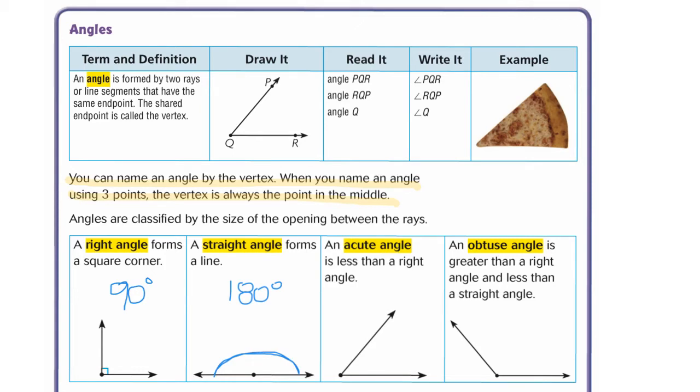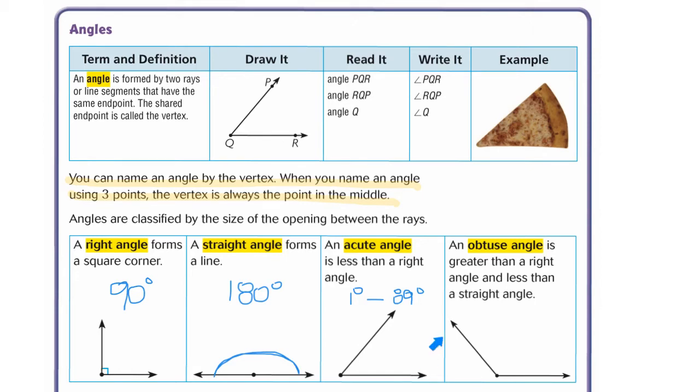This one would measure anywhere from 1 degree all the way through to 89 degrees. So it could be a 45-degree angle, a 37-degree, a 62-degree. There's lots of different acute angle measurements. We just need to remember that an acute angle is anything less than 90 degrees.